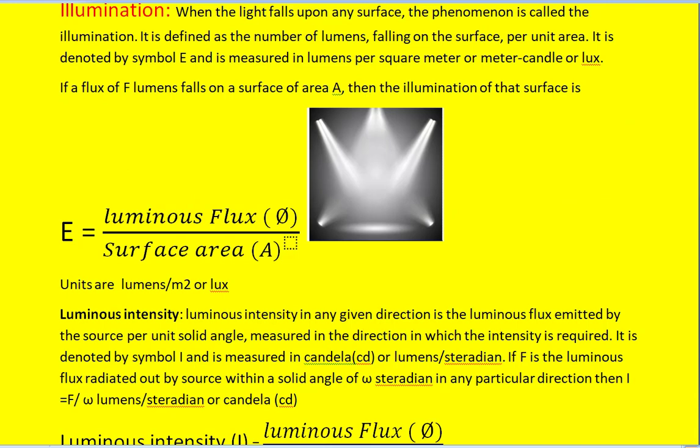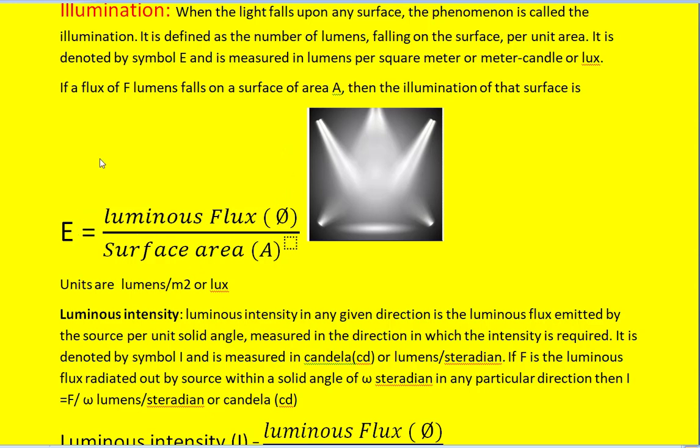Next, illumination. It is nothing but the luminous flux or the radiating light energy that is received by a surface is called the illumination. Mathematically, we can represent like this.